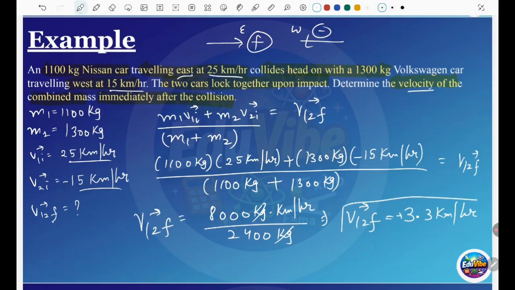This is positive, so this means it's in the east direction. This is the combined velocity immediately after the collision. That's how you find the hit and stick with this formula.